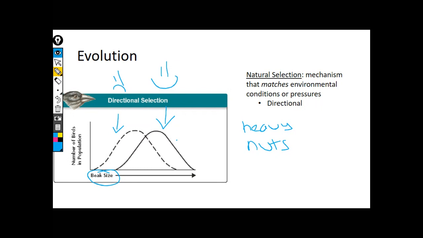We all ignore the weird scraggly bird in the corner. So this is the idea behind directional selection. Whatever pressure is going on is going to move things one way or the other. It's not always bigger. It could be smaller. Does that make sense?